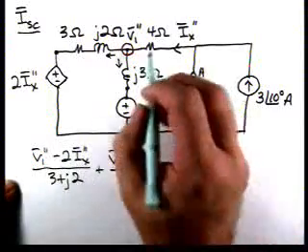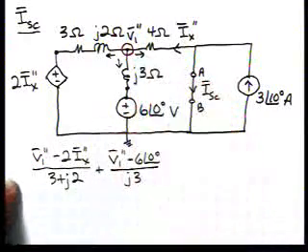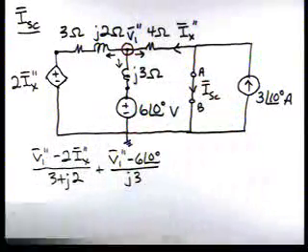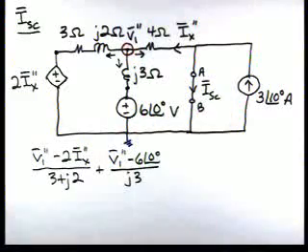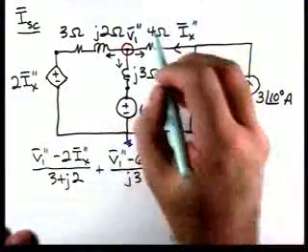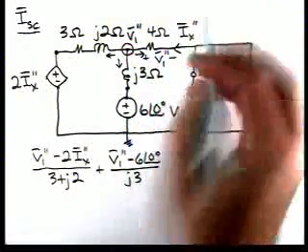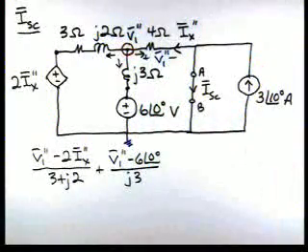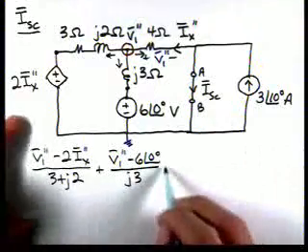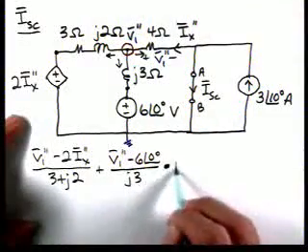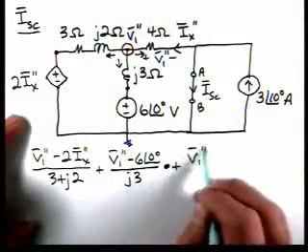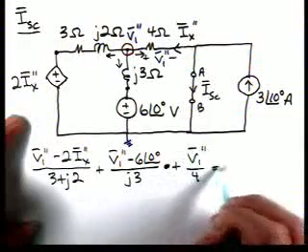And then this current, if we look, the voltage V1, because this is tied as a reference, really, the voltage V1 double prime is across that resistor. So we have V1 double prime over 4 equal to 0.